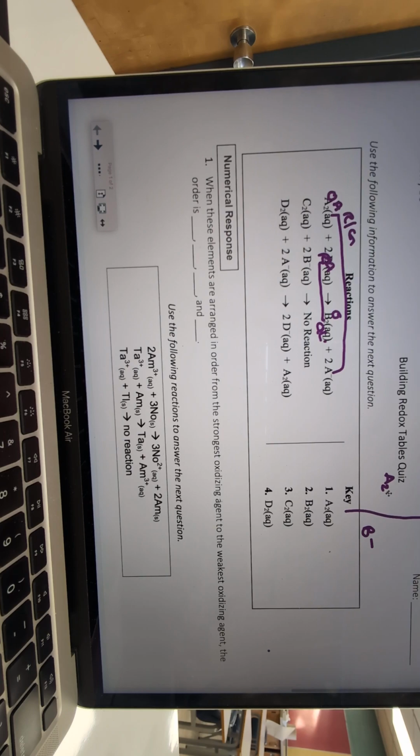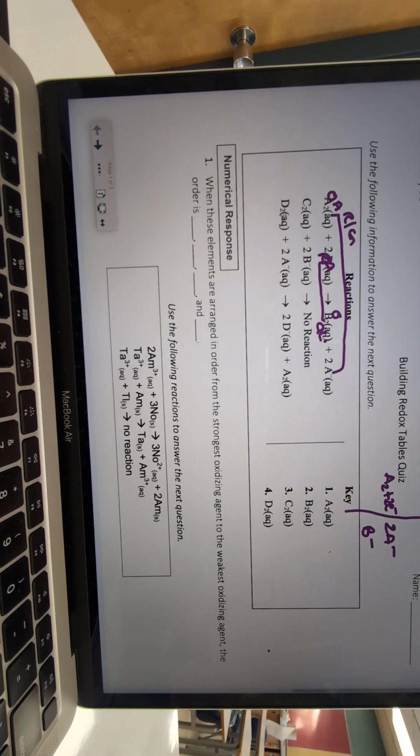I could add in electrons, so plus 2 electrons gives you 2A negative, but really the placement of the A2, as an aqueous non-charged, I don't want to say compound, molecule, has to be on the left, and the ion needs to be on the right. And then the B negative needs to be below it.